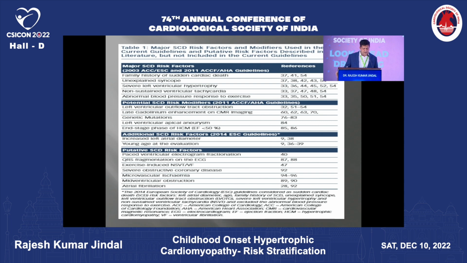So what are the additional risk factors? There is increased left atrial diameter and young age at evaluation. And some of the risk factors which are still under consideration, and do not have a definite role in risk prediction, are paced ventricular electrogram fractionation, QRS fragmentation on the ECG, exercise-induced arrhythmias, severe COPD, CAD, microvascular ischemia, mid-ventricular obstruction, and atrial fibrillation.